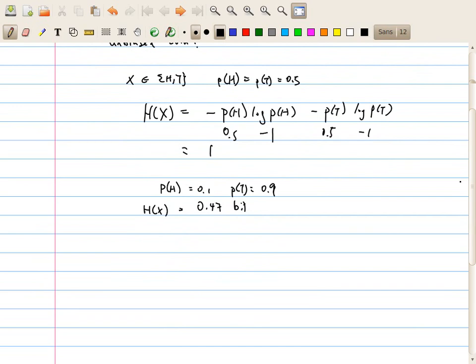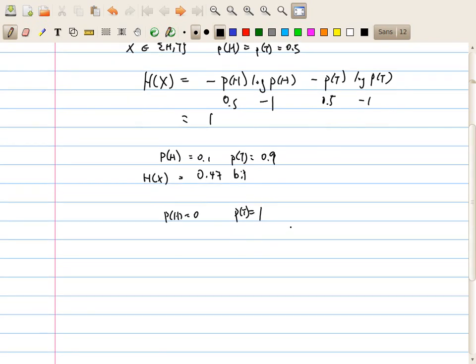So let's look at the extreme case. Let's say we always get a tail, in the sense that P(tail) is equal to 1 and P(head) is equal to 0. So the coin is so biased that we always get a tail. I don't know how you can do that, but let's say we have a coin as biased as this.